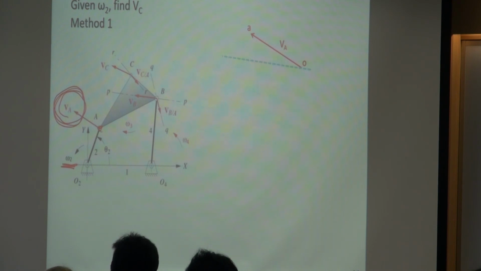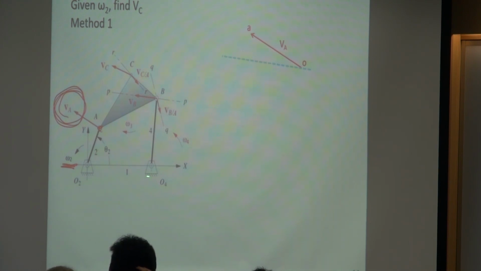And VBA is, sorry, the relative velocity. When we say VBA, we consider A as the origin. And because right now it's a rigid body, B is rotating about A with this radius.